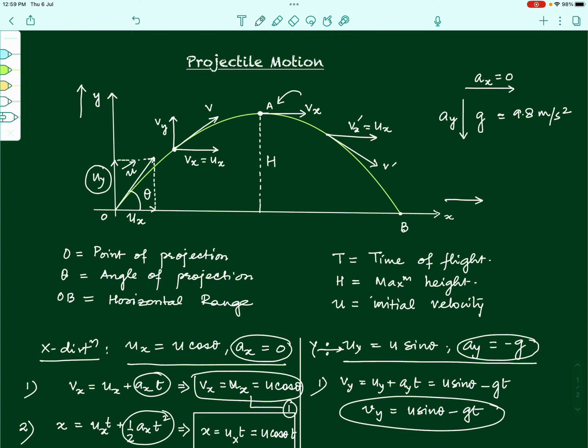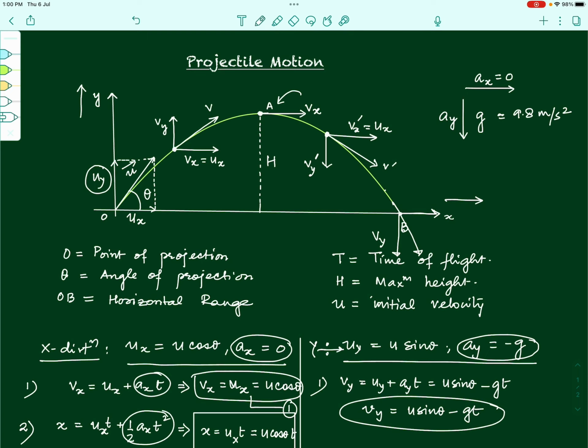So, at the highest point, the velocity along the y direction goes to 0, and thereafter as time further progresses, at the next point, if I try to draw the velocity component along the y direction, it will actually come out to be negative in the downward direction, vy dash. And so, we see that now the velocity of the projectile along the y direction is pointing in the downward direction, and as we proceed further, we can see that here at the point B it will have an even greater value of vy in the downward direction.